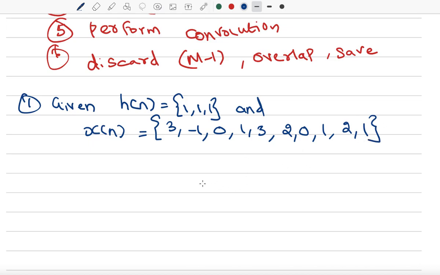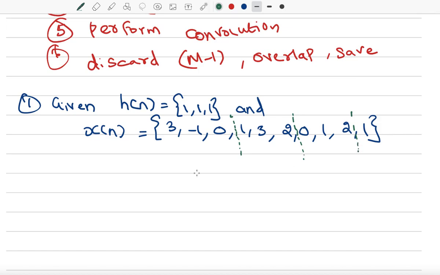This is the given sequence x of n. Based on the steps, we are going to divide it into sub-blocks. Here I am going to segment this into 3 sub-blocks: the first 3 elements, the next 3 elements and the next 3 elements.